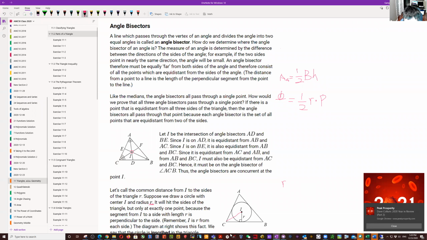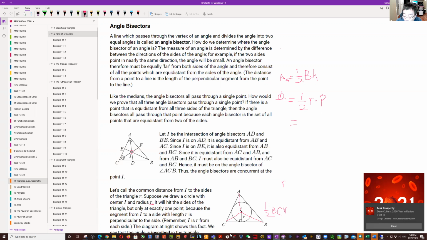You can divide this triangle into 3 triangles, and each triangle's area is the side multiplied by the incircle's radius, times 1/2. So this triangle is BC times 1/2 R. If you add the areas of those 3 dividing triangles, you get that the area of the triangle is 1/2 radius multiplied by perimeter.